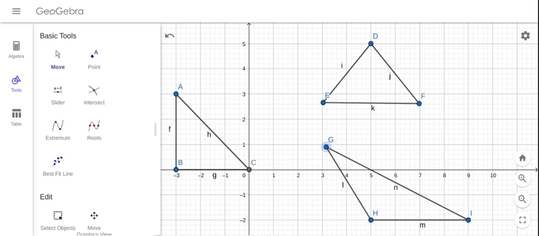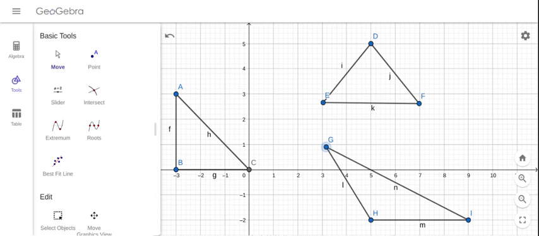Now one more property is the direct relation between the angles and the sides of a triangle. For example, in triangle GHI, which one is the longest side? GI is the longest. And if you observe, it is exactly opposite to angle GHI. Angle GHI is obtuse angle.